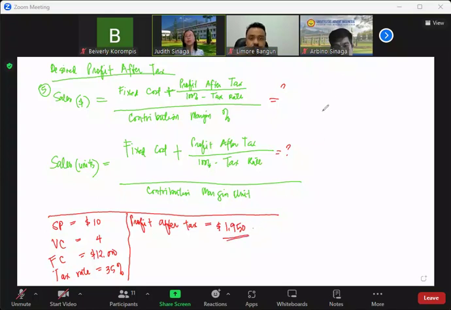So you may compute now. Boleh hitung sekarang berapa yang harus penjualan kita jika kita mau ada profit after tax of 1,950.